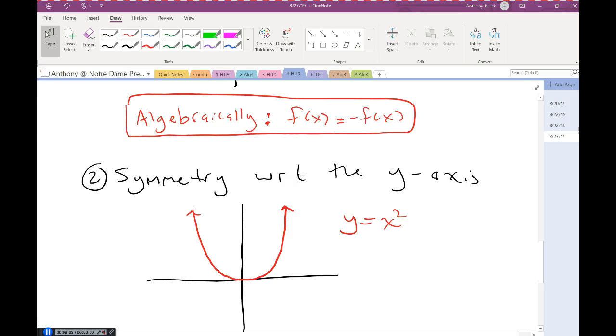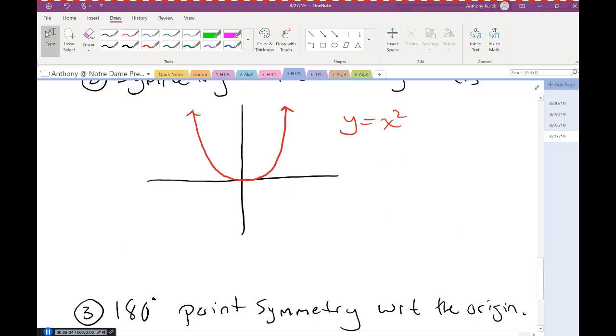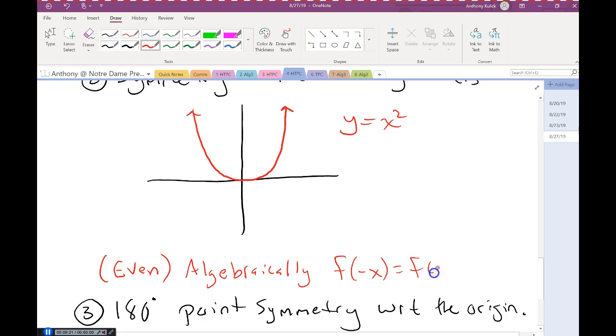In the second situation, where I have symmetry about the y-axis, we have a special name for these kinds of functions. We call these even functions. And algebraically what we need to have is that f of negative x equals f of x.